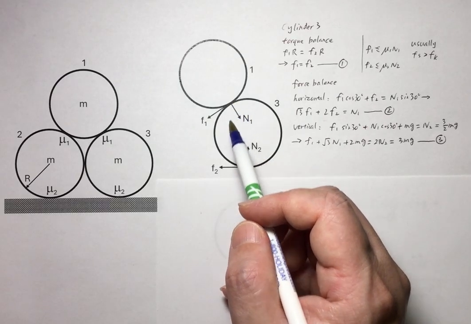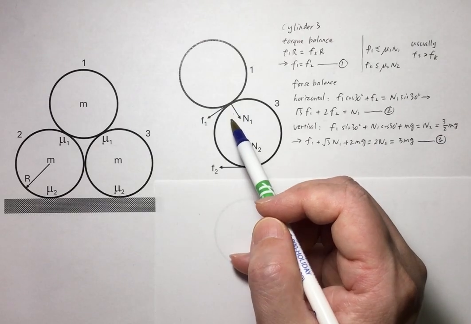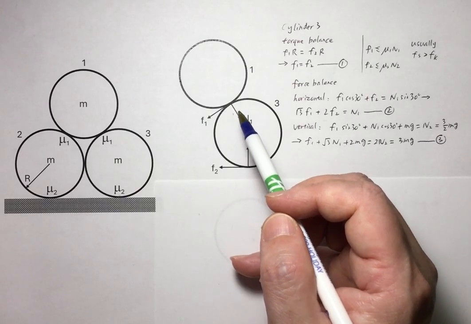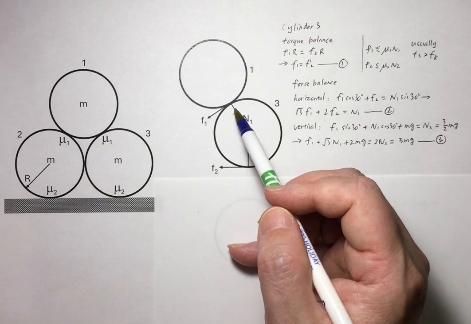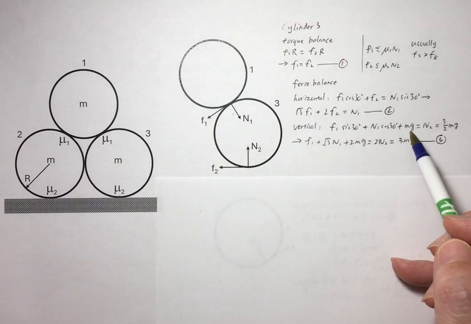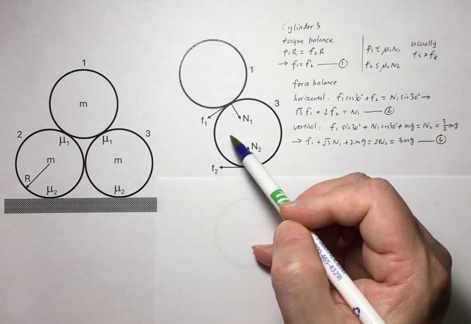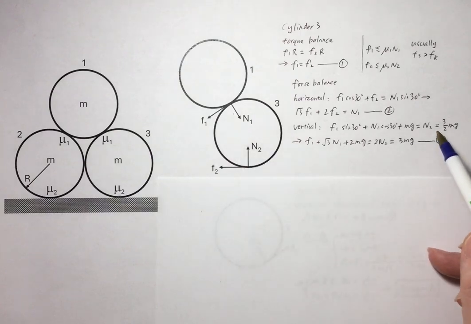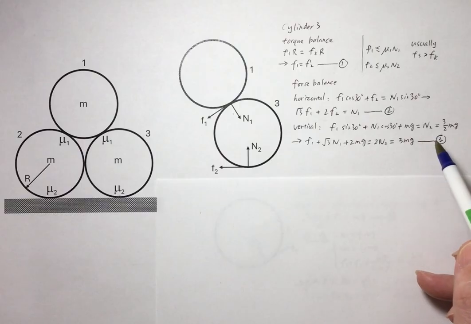And then along the vertical direction, F1 sine 30 degrees plus N1 cosine 30 degrees, and then plus, remember cylinder 3 has a gravity mg, so all 3 forces are pointing downward, and then N2 is pointing upward, so they achieve the balance. So we can simplify to equation 3.